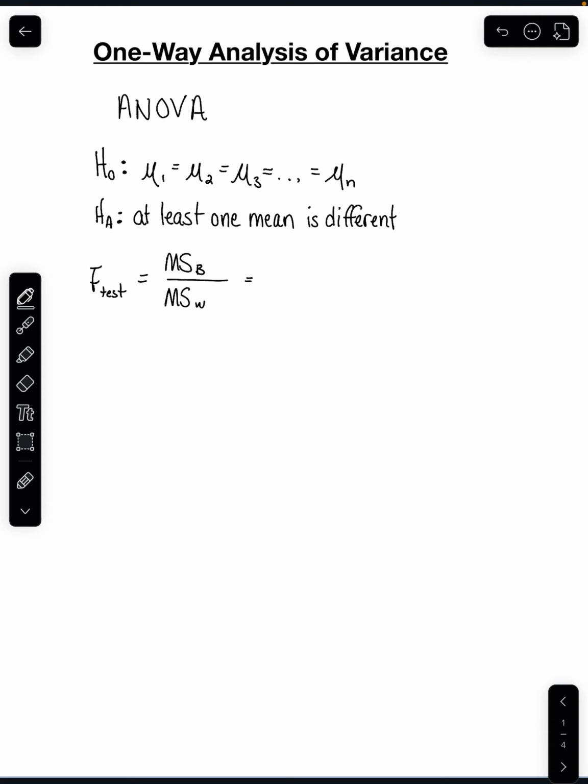What these things are: the mean variance between the samples, hence the sub b, and in the denominator, it is the mean variance within the samples.